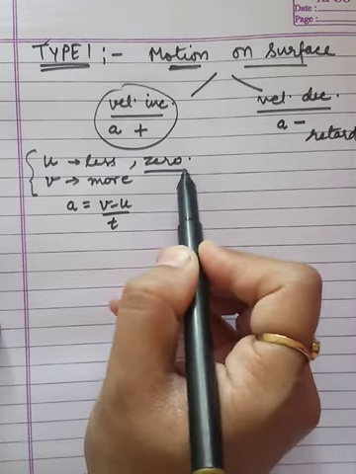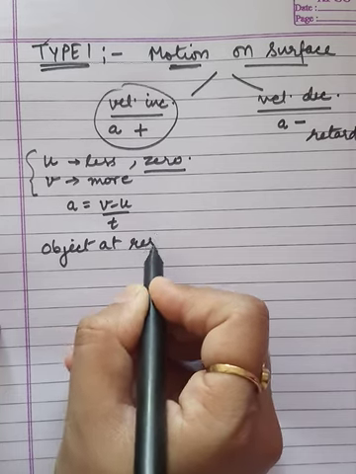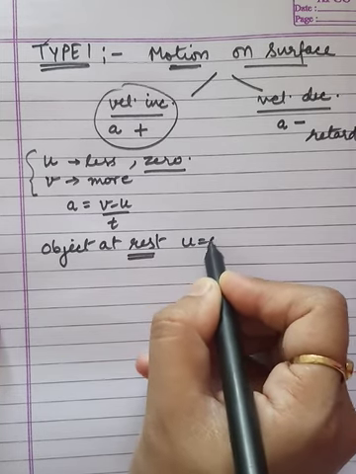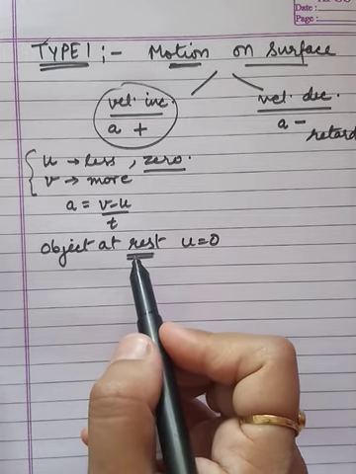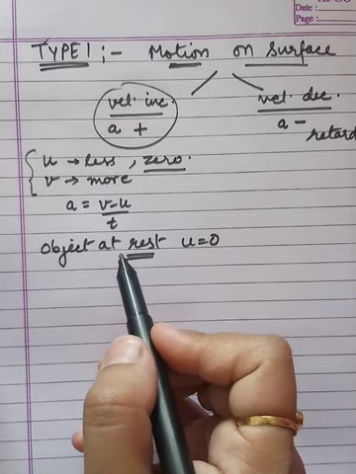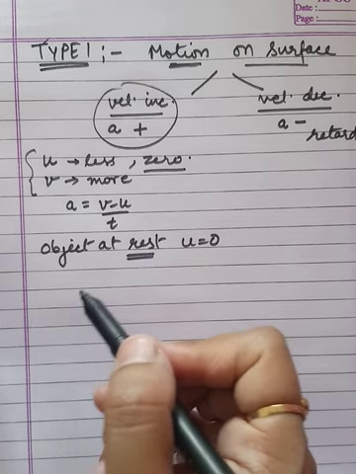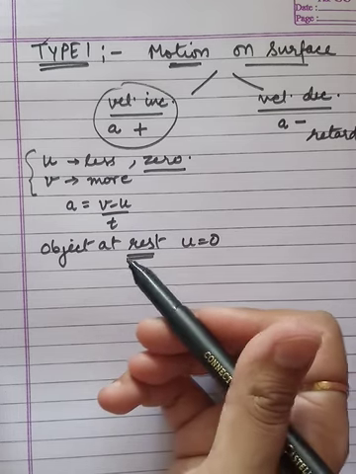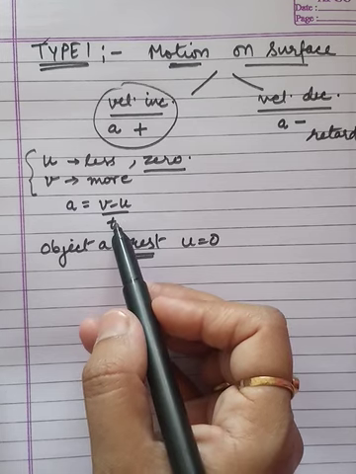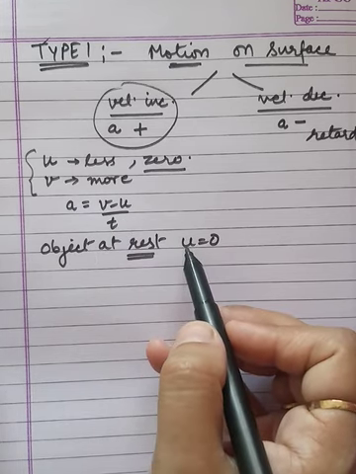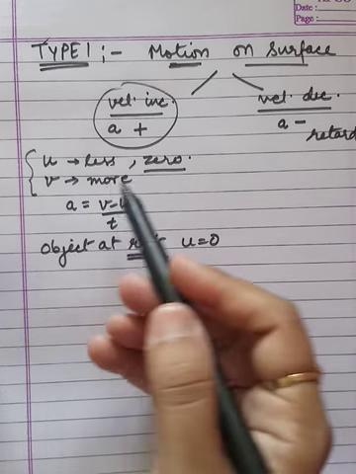Okay, when will it be 0? When the object is at rest, then u = 0. Suppose in a question it is given that the object is starting from rest and it achieves a velocity of 10 meter per second after 2 seconds. So time is 2 seconds. The object was at rest, that means initial velocity is 0, and v is 10 meter per second.